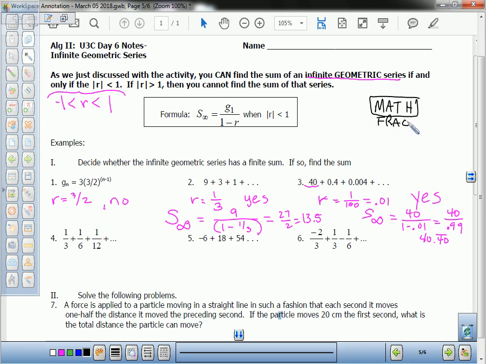Math, enter, enter, because fraction is choice 1. Math, enter, enter. And it switches it to a fraction, and the fraction is 4,000 over 99. Which we could have just done right here. Right. All right, number 4.